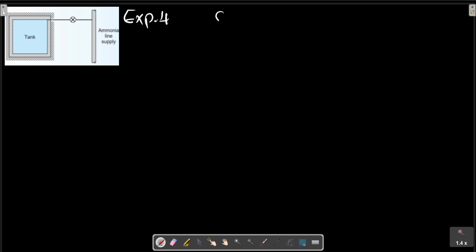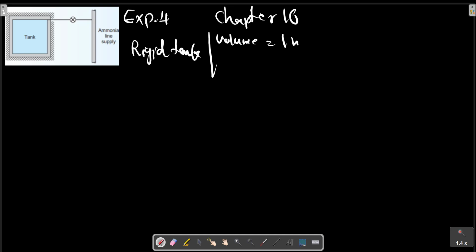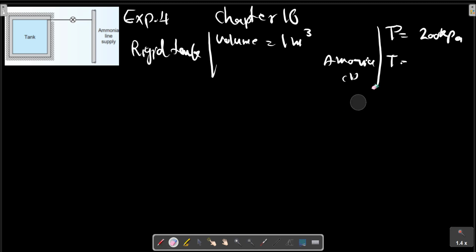Example for chapter 10. A 1 meter cube rigid tank contains ammonia at state 1, temperature, pressure, and temperature, ambient temperature.